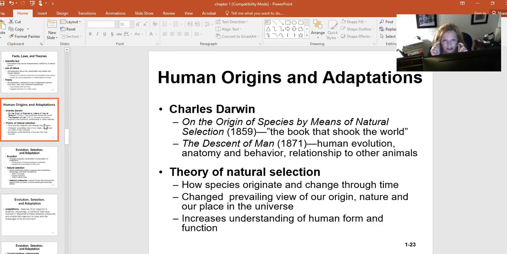A population is all the individuals combined, all the individuals of one species within a certain area, and the theory of evolution simply states that the percentage of traits you find within that population is going to change over time.